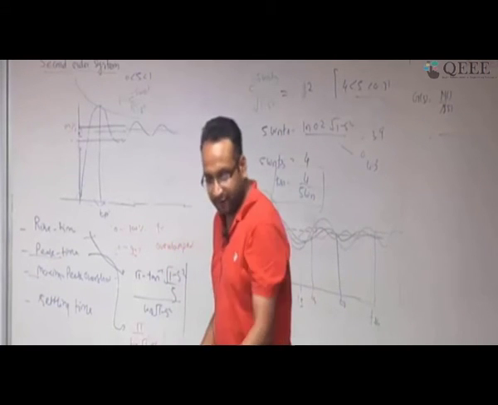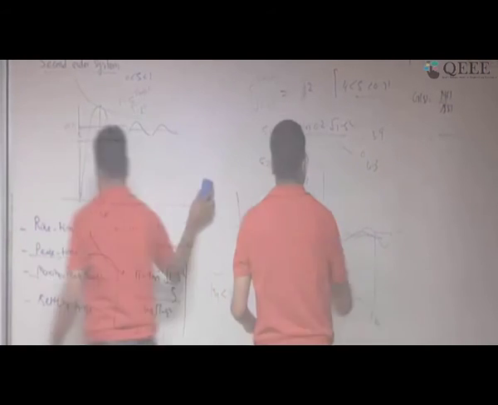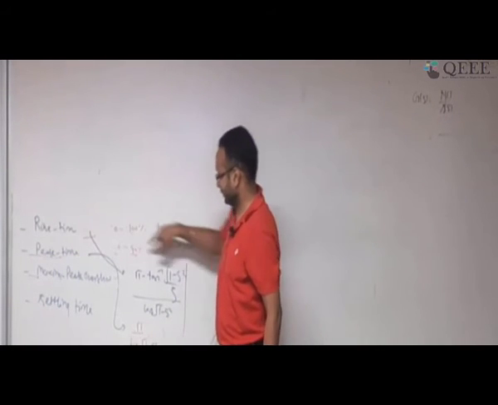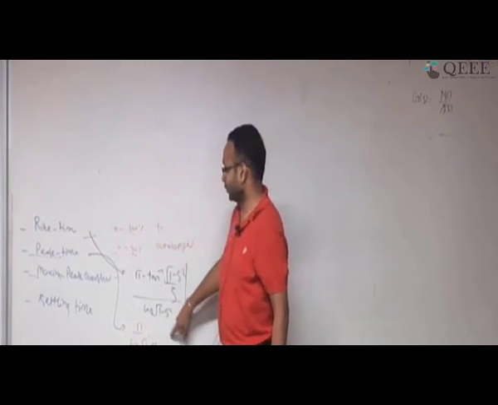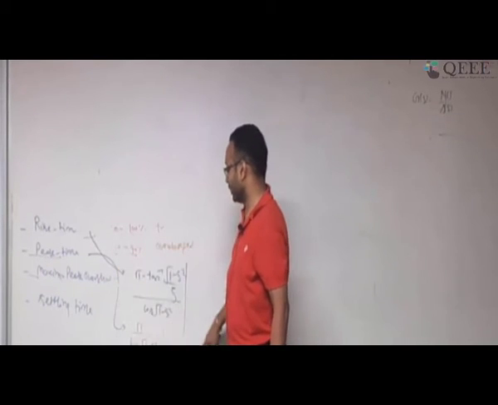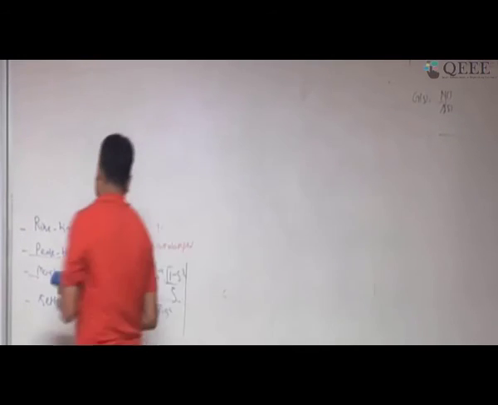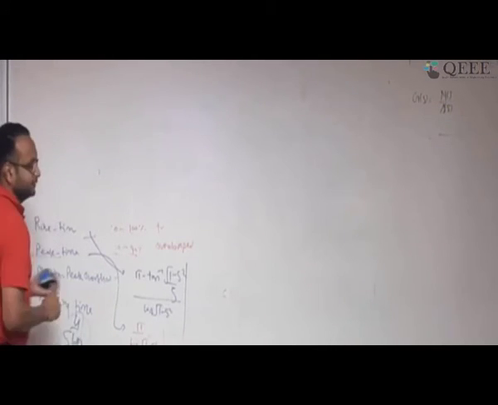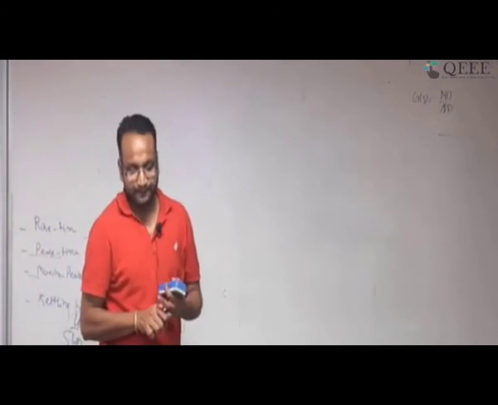Okay, fine. So please note down these equations: what is rise time, peak time, which you also know, maximum peak overshoot, which you are also aware of, and settling time, 4 by zeta omega n. Now we can see how it has come.